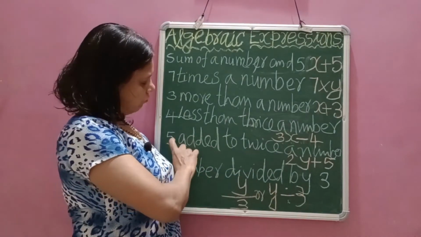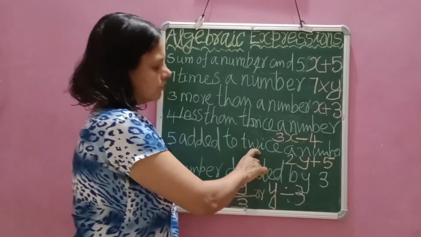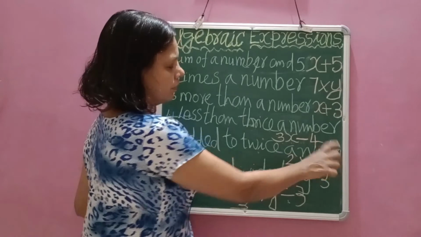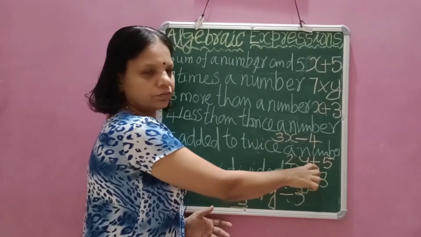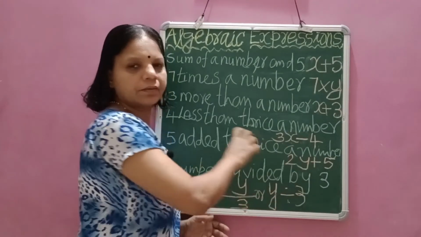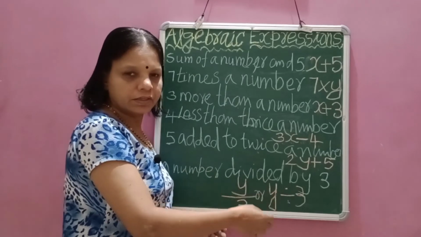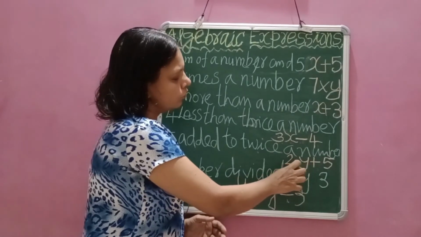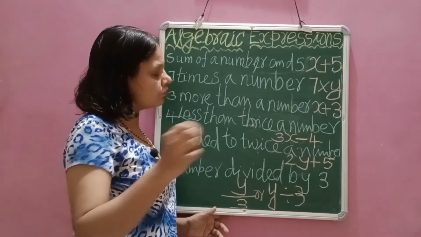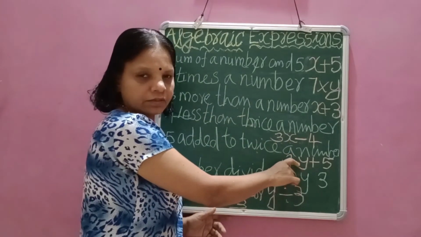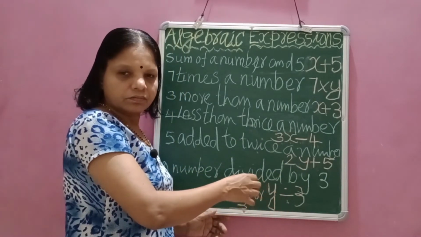Next one. 5 added to twice a number. Similarly, 5 added to what? Twice the number. I took the number as y. Twice the number, 2 into y. So when a letter or alphabet is used, the multiplication sign is not necessary to write. 2y means 2 into y. Clear?